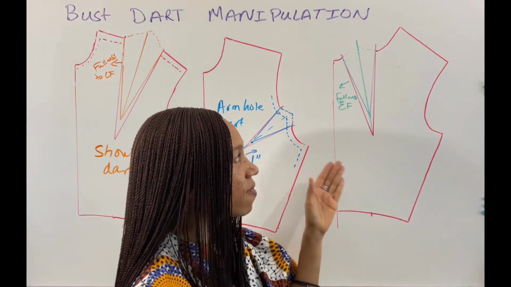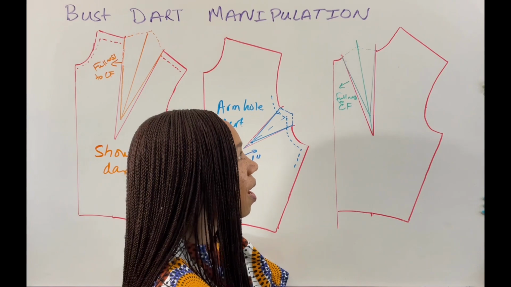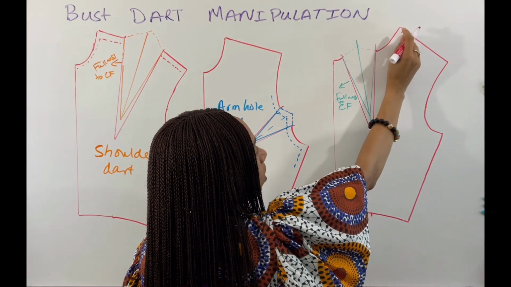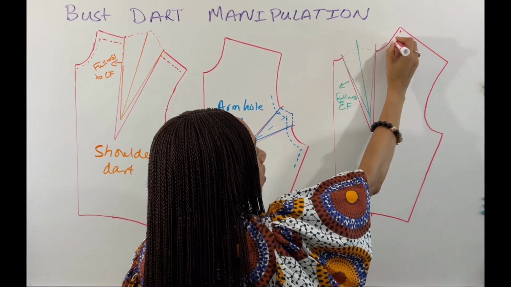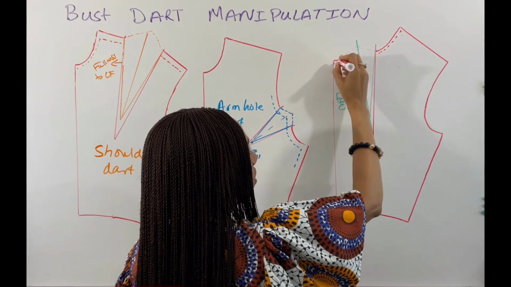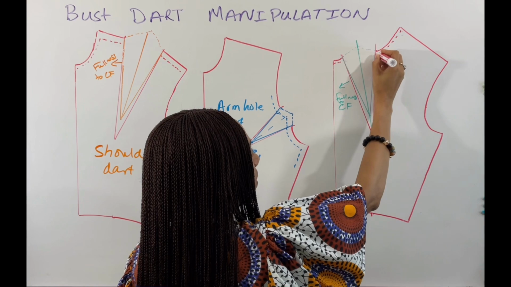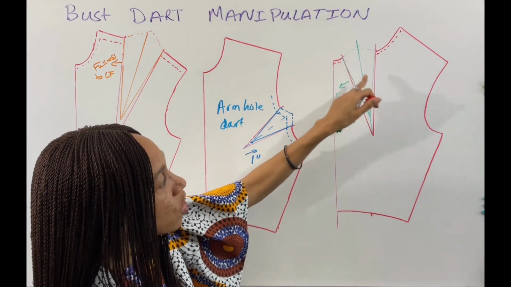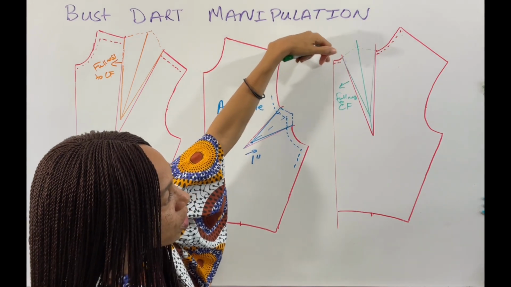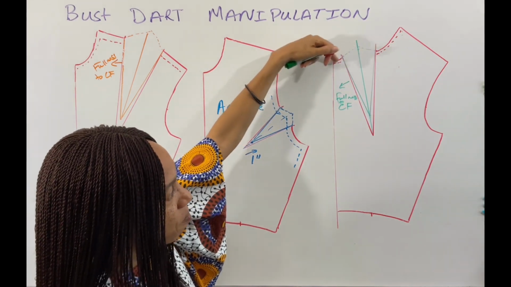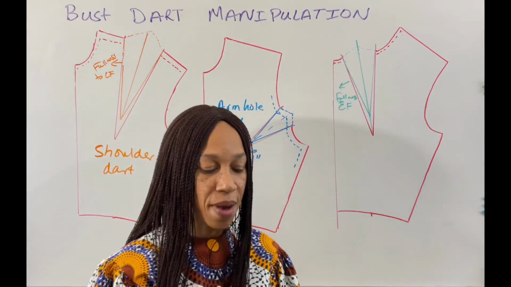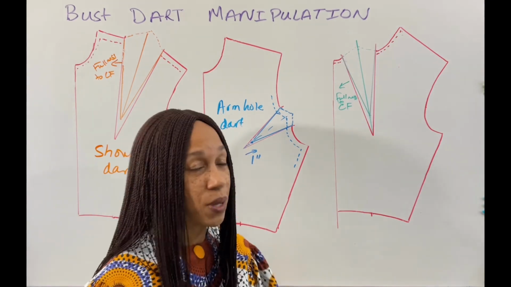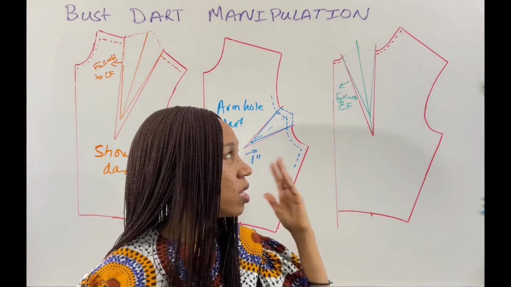Once you have that, make sure that you mark off your seam line. Because it's the neckline, you should have 1/4 inch for your seam line here. Then make sure you have the same mark underneath, because when you are making this garment, if you don't have that, it is going to create a problem, especially when you are finishing the garment.